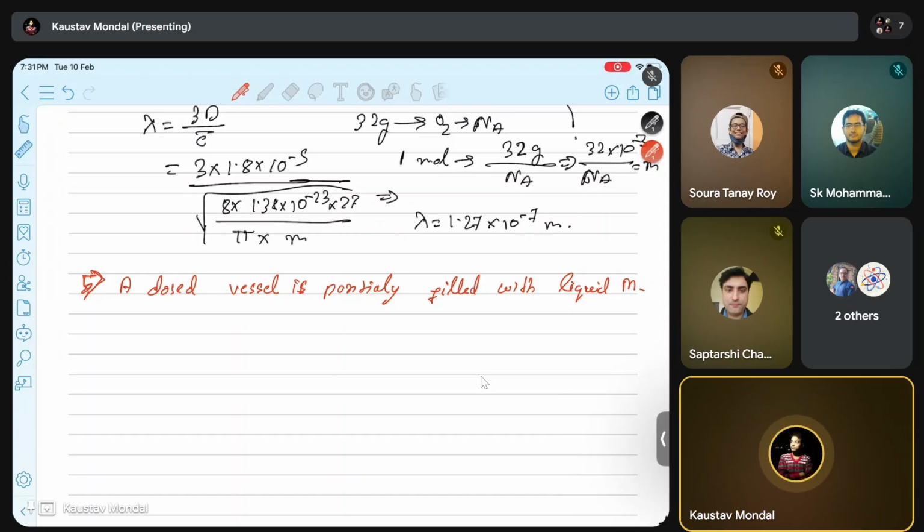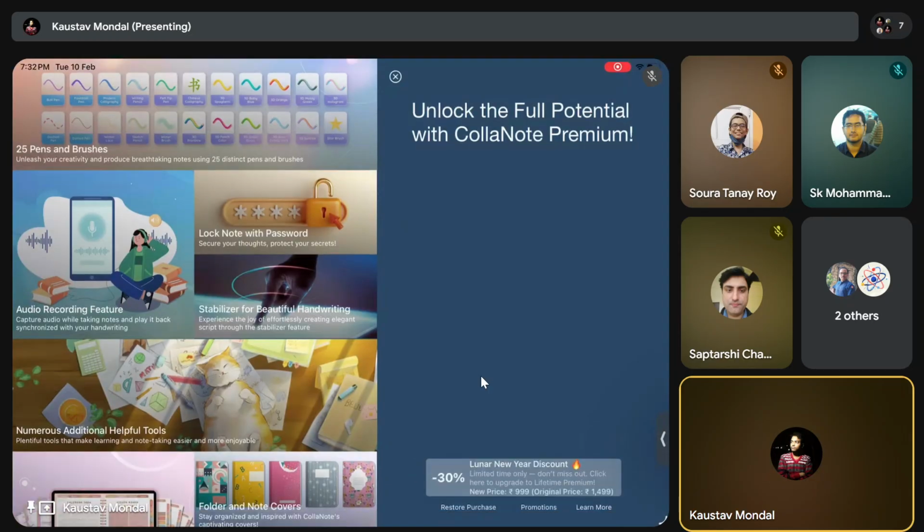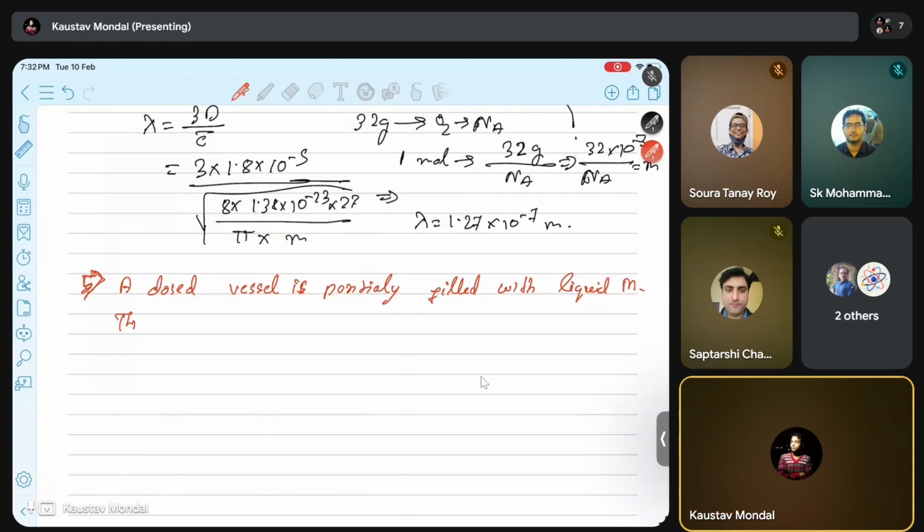There is a hole of area 10 to the power minus 7 meter square above the liquid level.